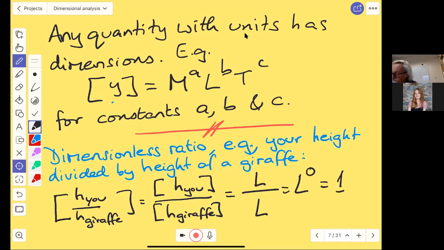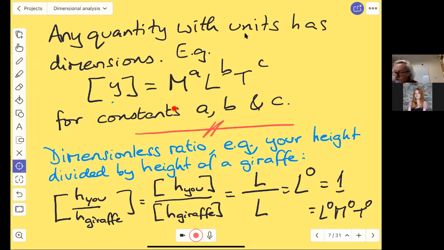And you'll quite often see when people write down the dimensions of a dimensionless quantity, they write it as 1. And what they mean by that is L to the naught, M to the naught, T to the naught. It has no dimensions whatsoever. Okay, so this we will use later on, and this is an important thing to realize.